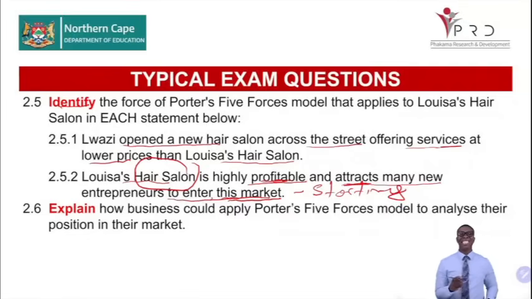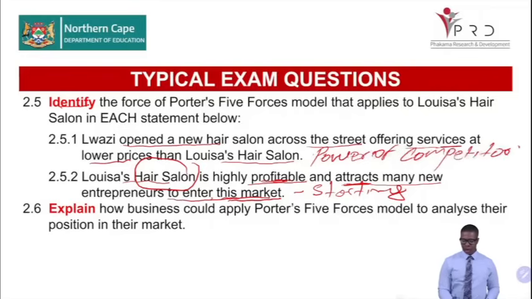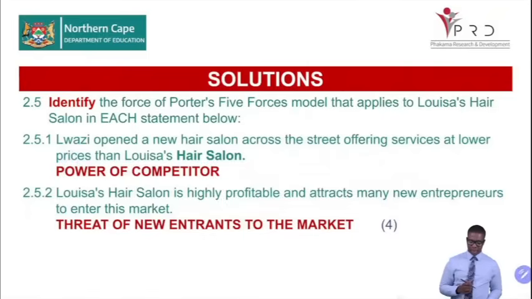Therefore, Lwazi is a competitor to Louisa's hair salon. So here we would say the answer is the power of the competitor, but on the other one we are talking about barriers. Let's check if I'm correct. Yes, power of the competitor, but on the other one, threat of new entrants into the market. There's no threat.